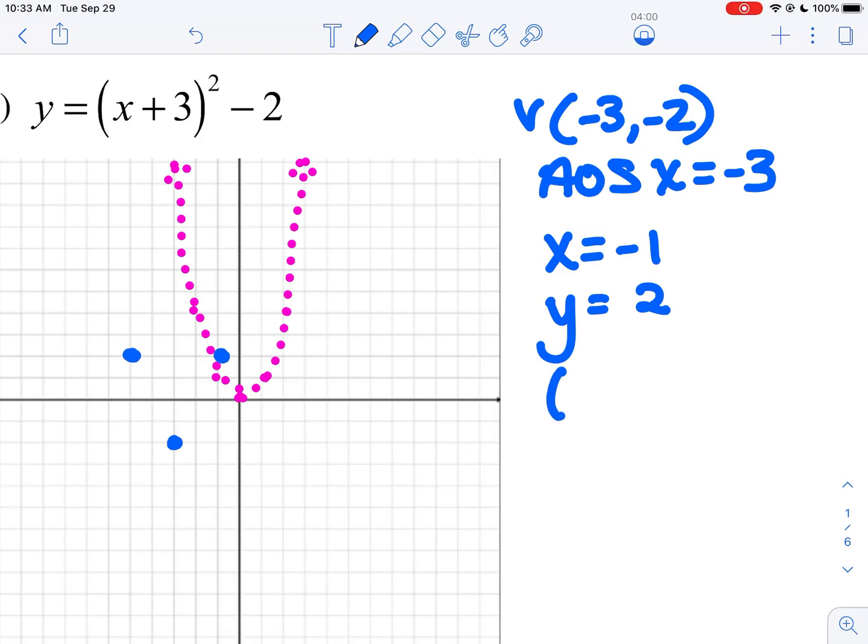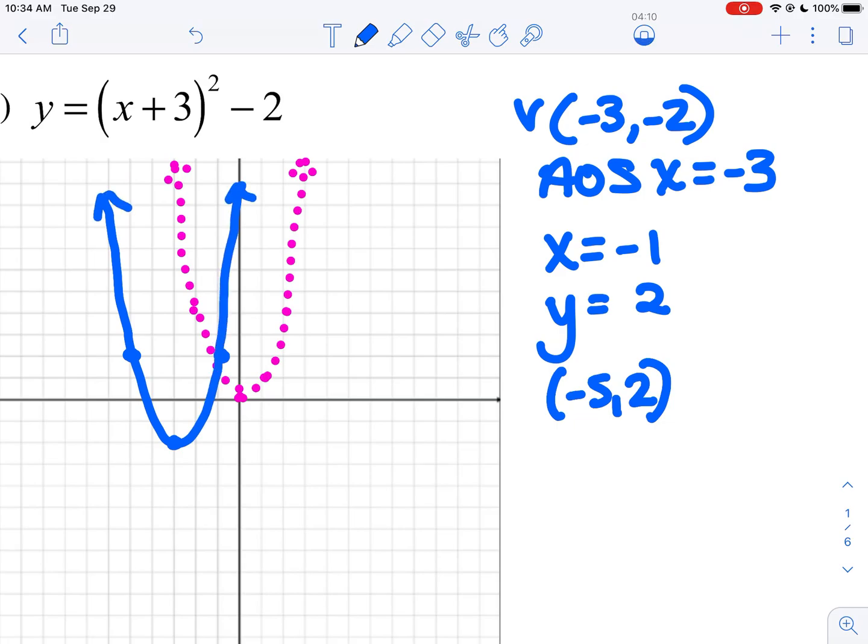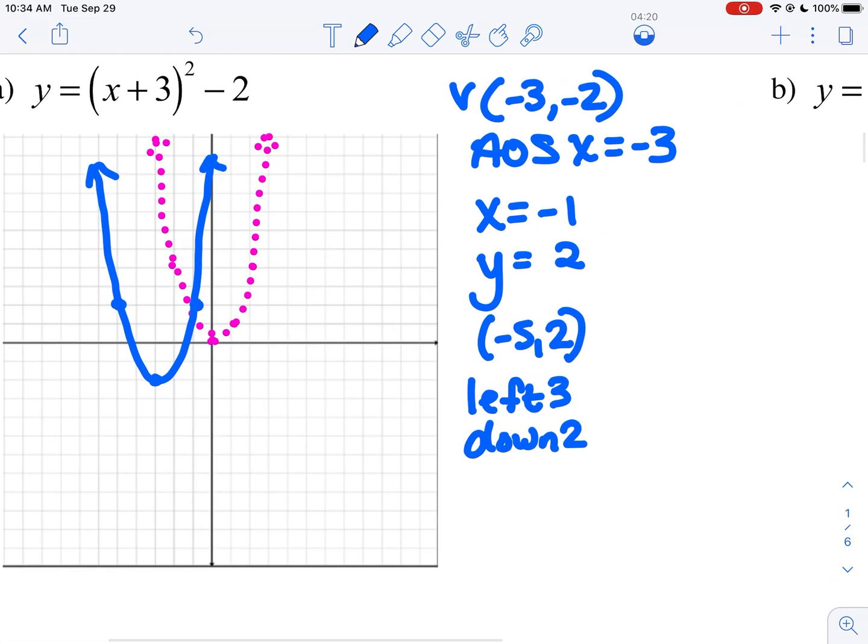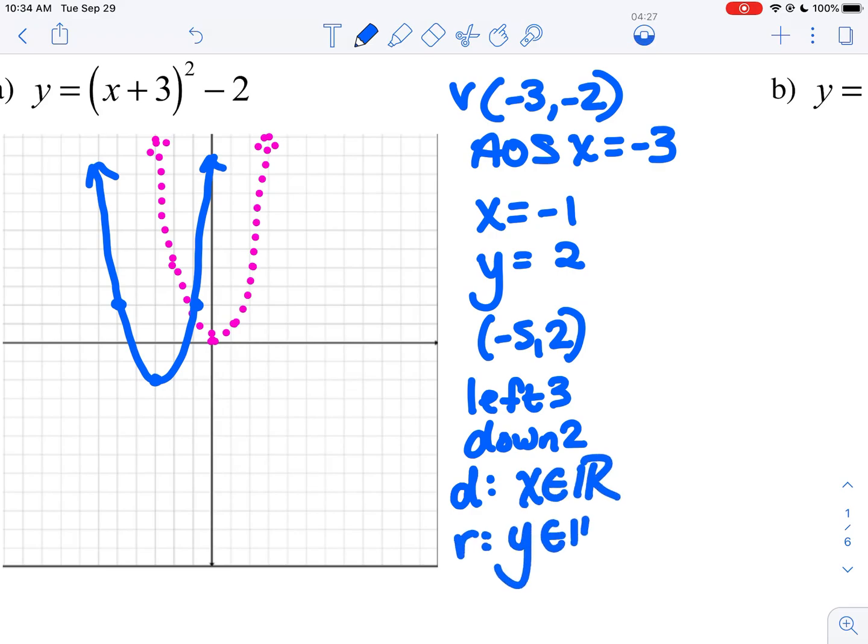So that other one would be what? -5, 2, okay? And so what's really neat that you can see here is that this is literally left 3, down 2. If you wanted domain and range, the domain is all real numbers. The range then would be the set of all y such that y would be greater than or equal to that minimum point at the vertex. So y is greater than or equal to -2.